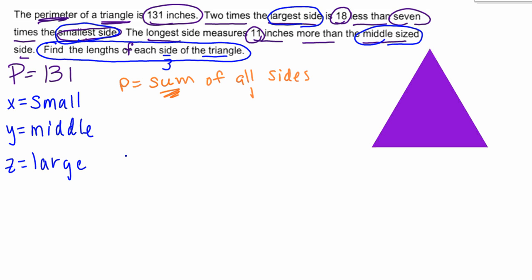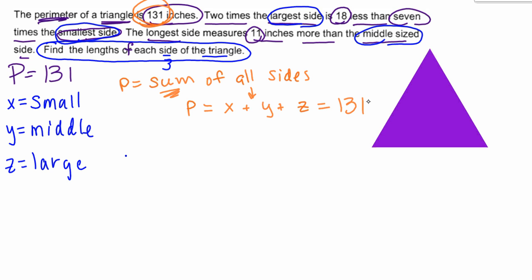Well, all sides, that's X, Y, and Z. Sum means add, and that's the perimeter. But they told us the perimeter was 131. Bam, 1 equation, done. We're looking for how many equations? Well, if there's 3 variables, we're looking for 3 equations.